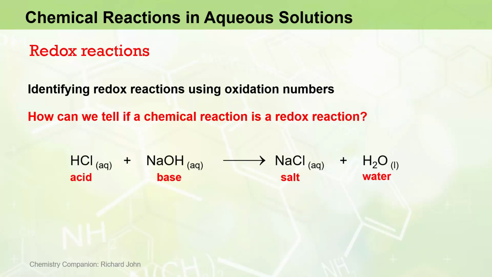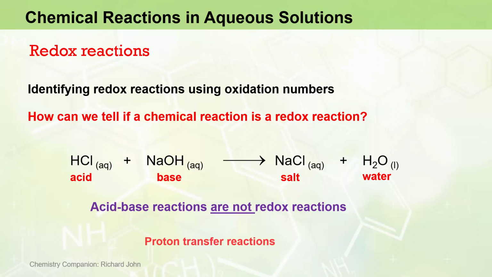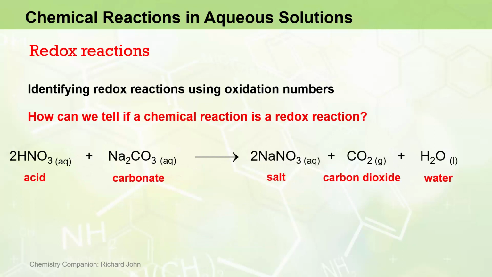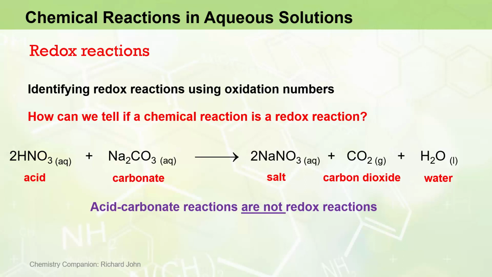And what about acid-base neutralization reactions? Again, reactions that we've met previously. It turns out that these reactions are not redox reactions. They are in fact what we call proton transfer reactions. And what about acid-carbonate reactions, which produce a salt, carbon dioxide plus water? It also turns out that these reactions are not redox reactions.